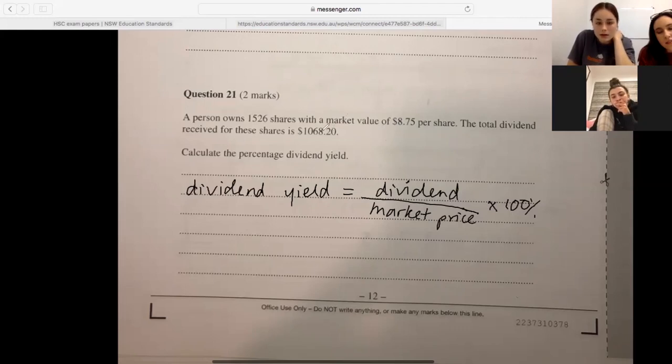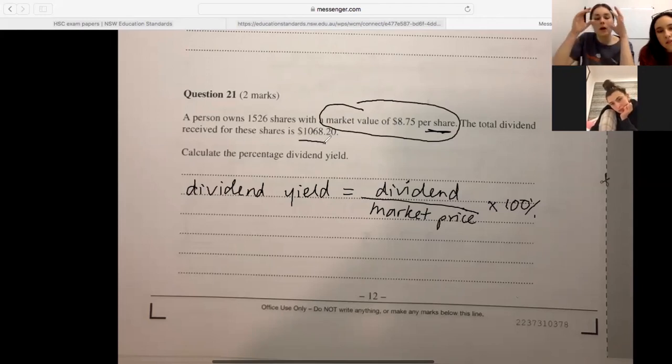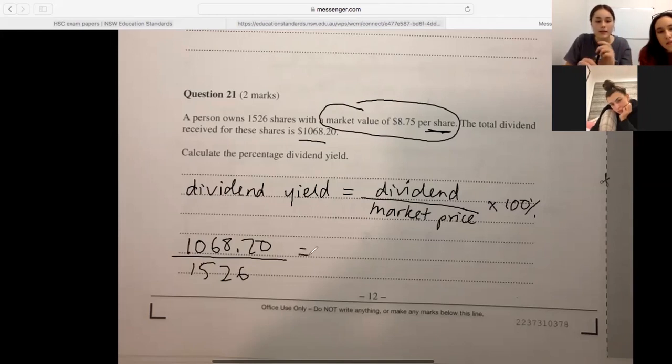But with this one, the market value is in terms of per share, but the dividend is the total for all of the shares. And so we just have to convert the dividend to per share, by dividing the total dividend by the number of shares to get the dividend price for 1 share. Does that make sense why we're doing that?